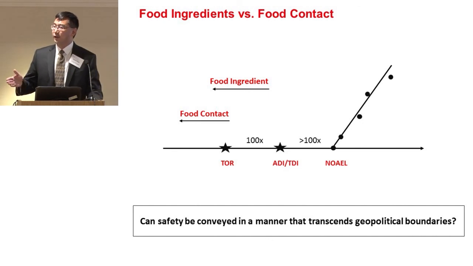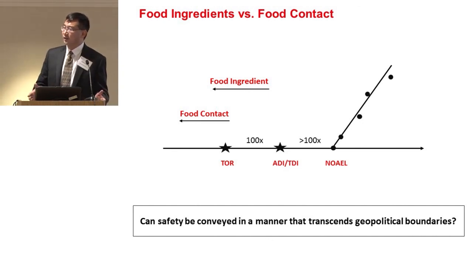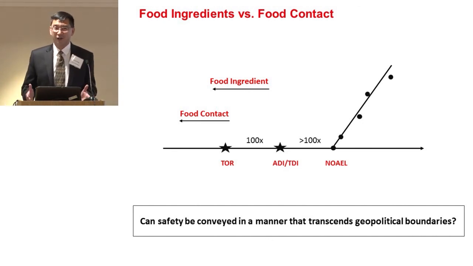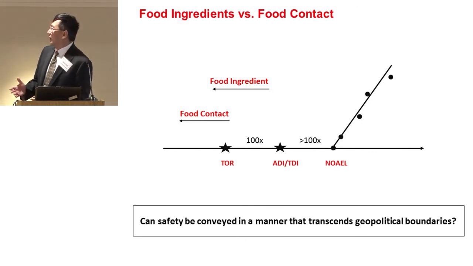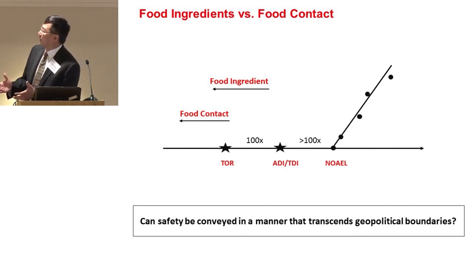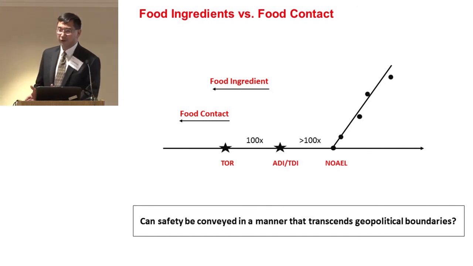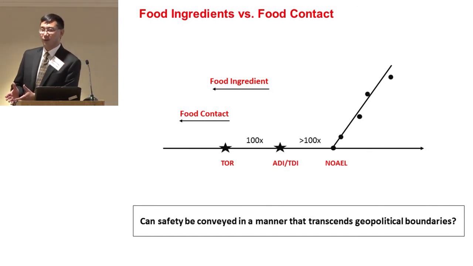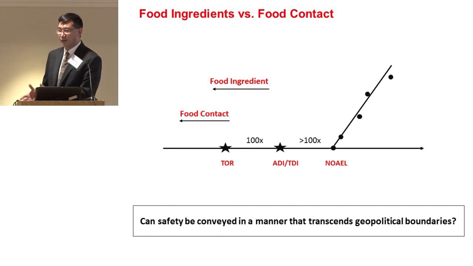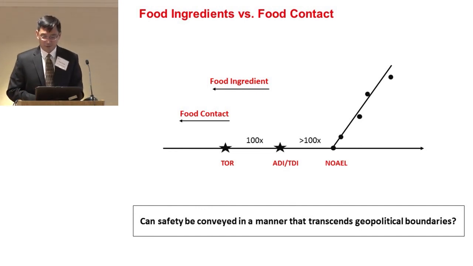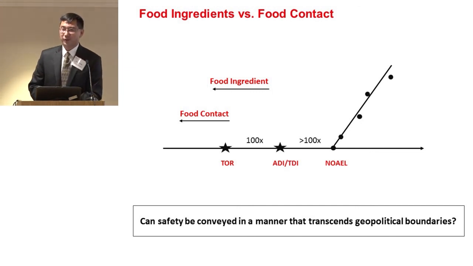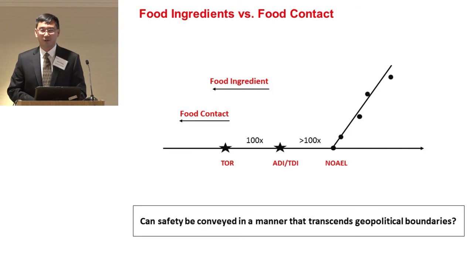So safe, you have such a huge margin of safety that's not really recognized or much talked about. And I think as long as we do not draw a distinction between food ingredients and food contact and do not talk about the safety that's inherent in there, we will have a lot of difficulty convincing the public that we are doing a good job protecting public health.